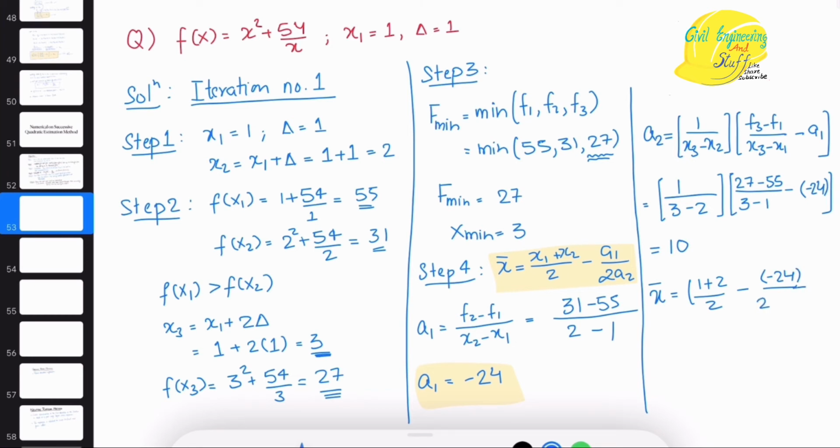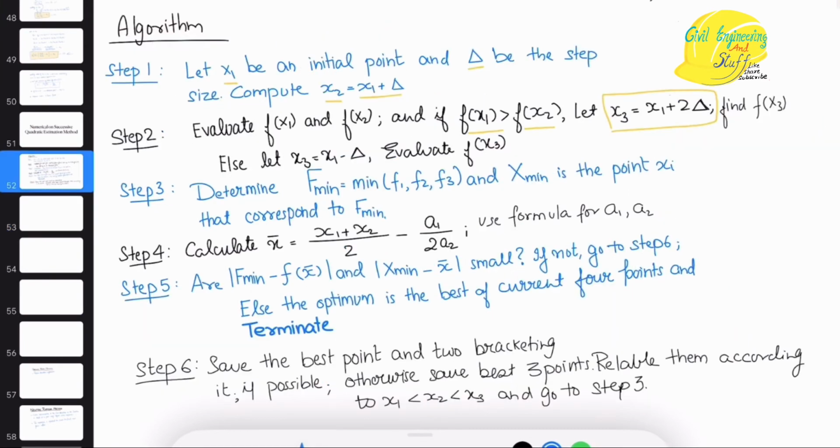Since it is minus 24, if by mistake or in a hurry you put 24, then your whole iteration will be wrong, and the upcoming iterations will also be wrong, and the point that you get will be wrong. So you have to be very careful about the formulas and the signs. Alright, so your x bar will be 2.7. So this was your step 4.